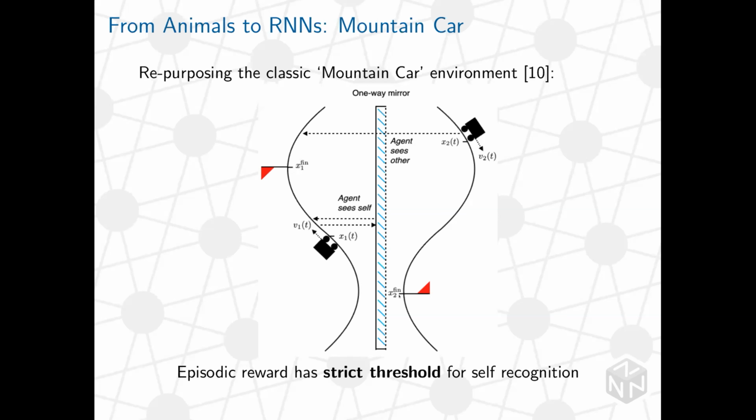So that's the task B we talked about, where you really don't want to make too complex a task in the case where the agent is not seeing itself. And you can see in the details of the paper, this is nice because we actually find a strict threshold where you can only surpass this episodic reward if you achieve self-recognition. So that's a nice little property.